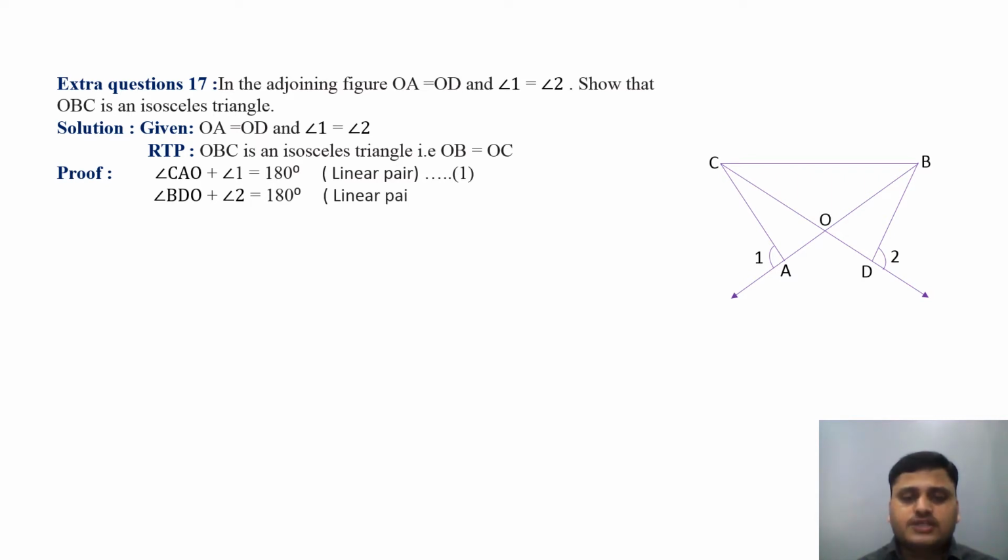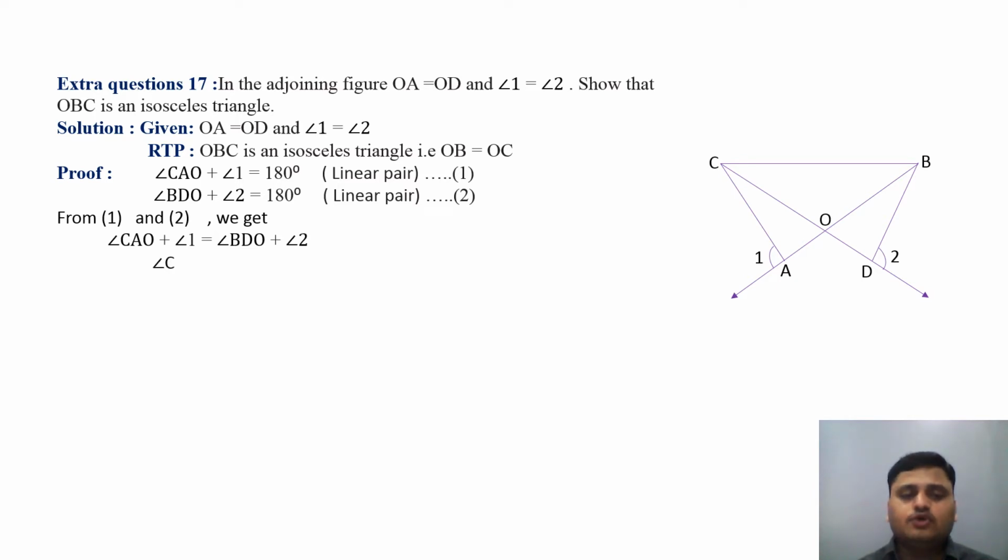Both are equal to 180 degrees, so they will be compared. From equation 1 and equation 2, we get angle CAO plus angle 1 is equal to angle BDO plus angle 2.